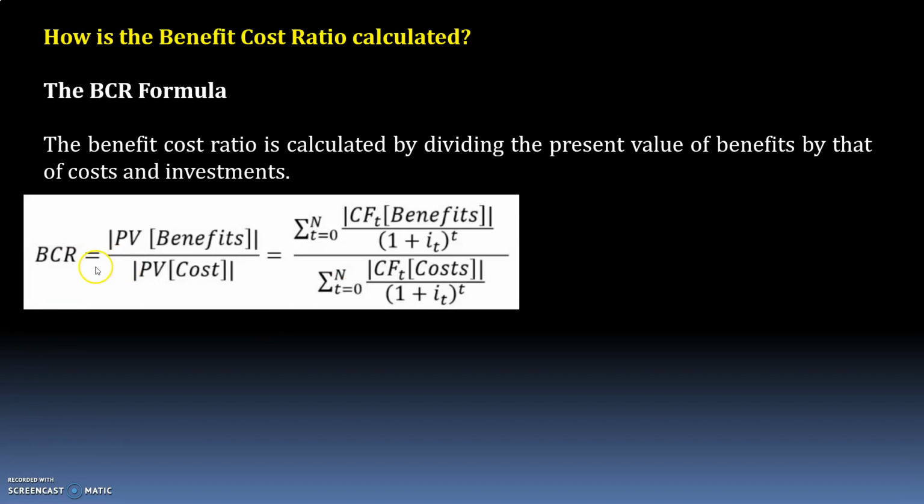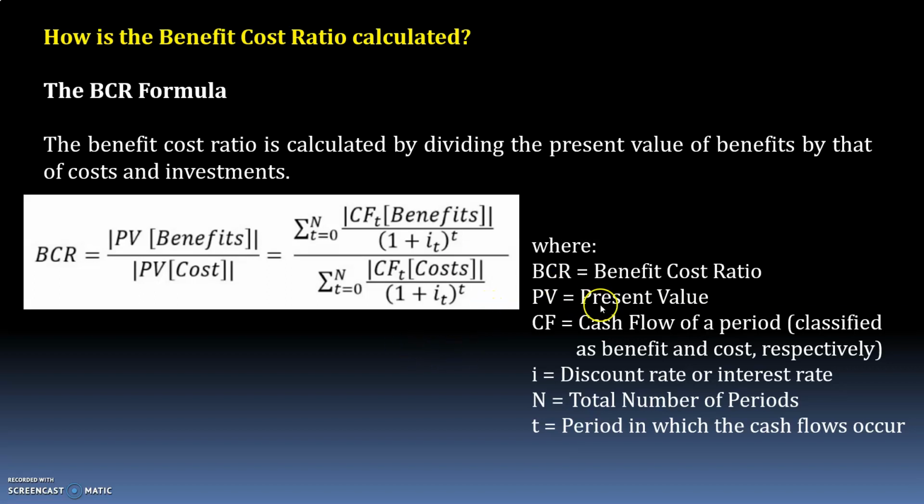This is the formula to find benefit cost ratio, that is PV of benefits divided by PV of cost, that is equal to the summation from t equals 0 to n of CF benefits divided by (1 plus i) to the power t, divided by the summation of CF cost divided by (1 plus i) to the power t.